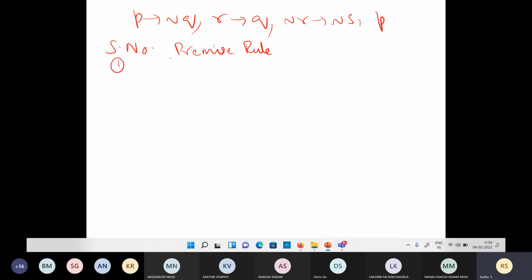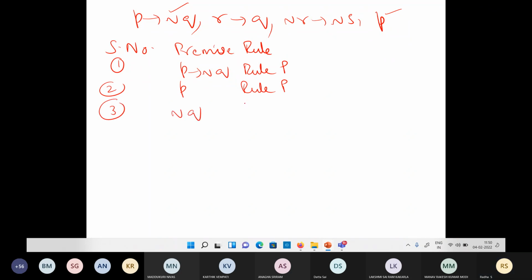First sentence, what can you take? Shall I take these two? P tends to not Q. Rule P, then P. Rule P. If you combine these two things, then it is not Q. What rule have you used here? From one, modus ponens.